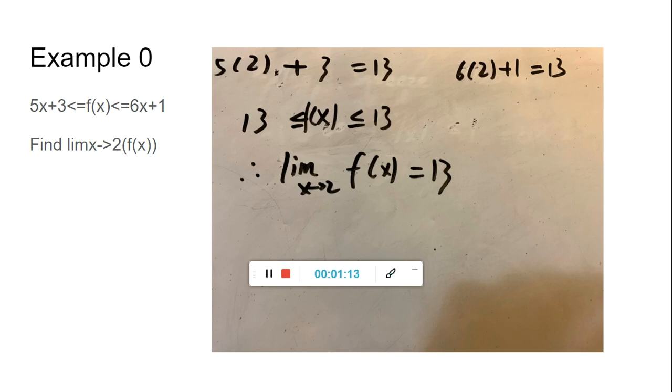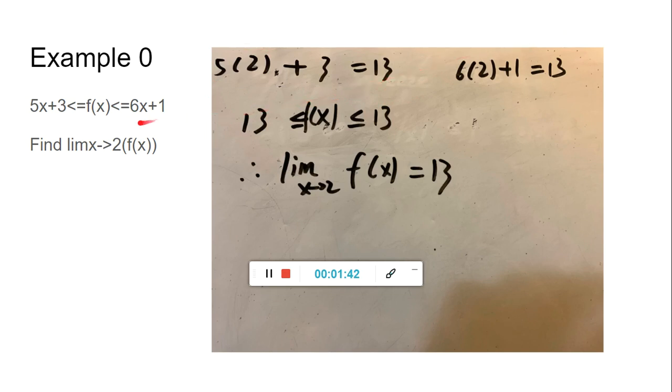We are given two functions, h(x) and g(x). h(x) is equal to 5x plus 3, and g(x) is equal to 6x plus 1. We are required to find the limit as x goes to 2 of f(x). How are we going to do this? We first find that 5 times 2 plus 3 is 13.